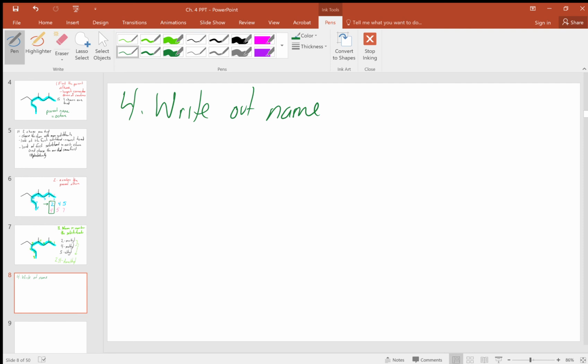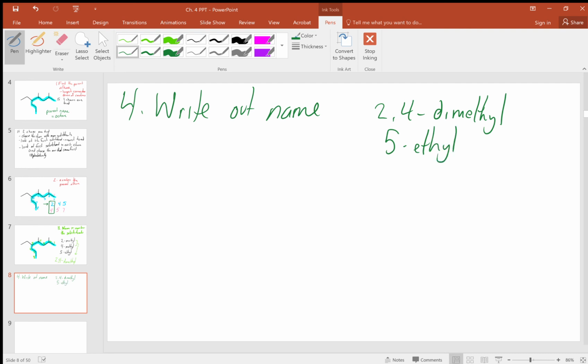In order to do that, we put the substituents in alphabetical order. So recall we have 2,4-dimethyl and 5-ethyl.